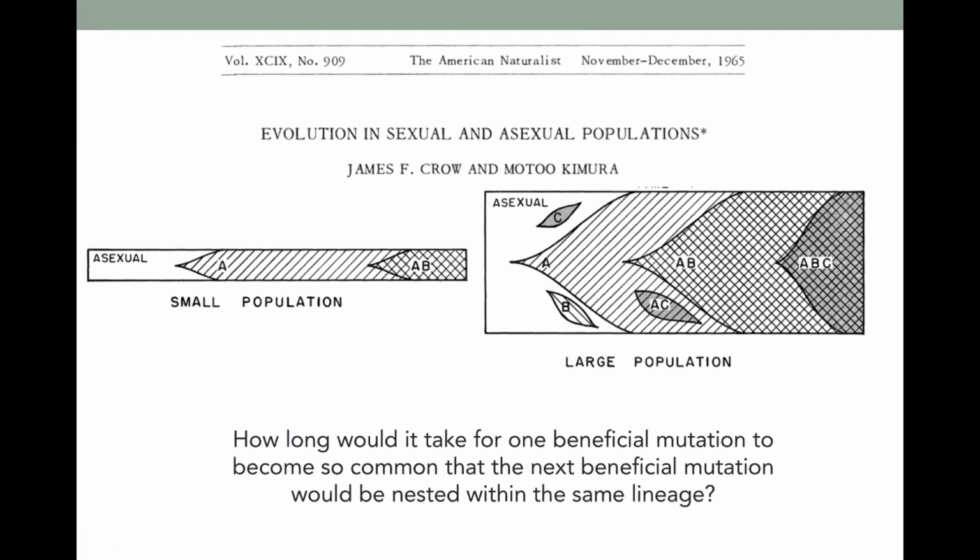And so what Crow and Kimura asked was, how long does it take, from the appearance of one mutation destined to fix, for the next mutation destined to fix to appear in the same lineage in an asexual population? And they compared that to the rate of adaptation in the sexual population.